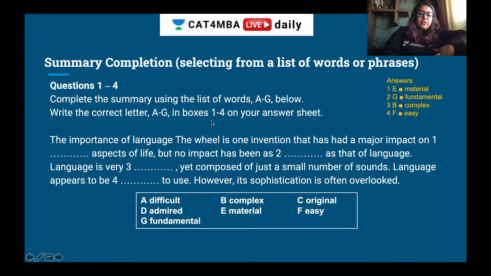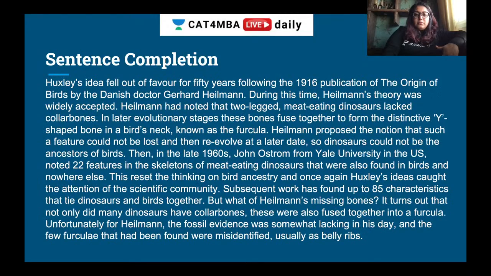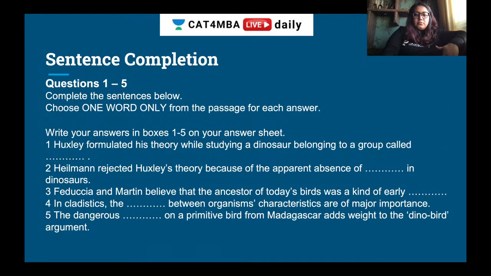I hope you understood summary completion, which is where you select from a list of words or phrases. These are the words and phrases that are given below, and you need to just choose to complete the summary. Let's do the sentence completion.